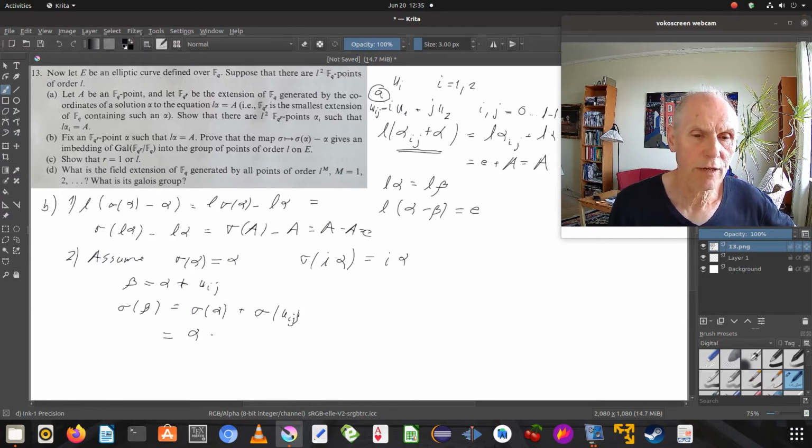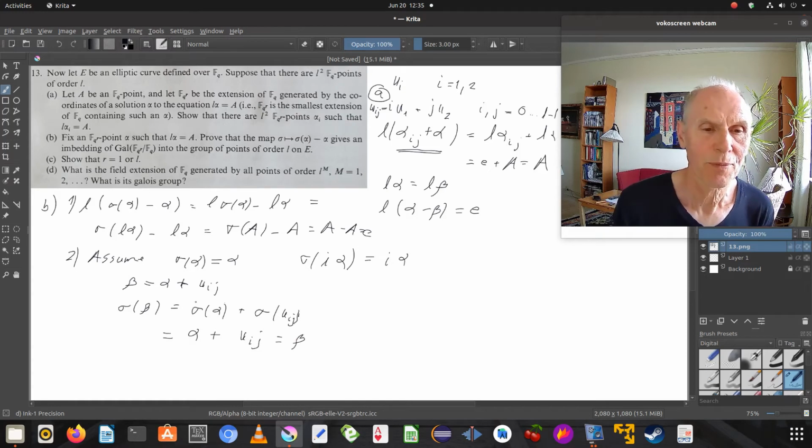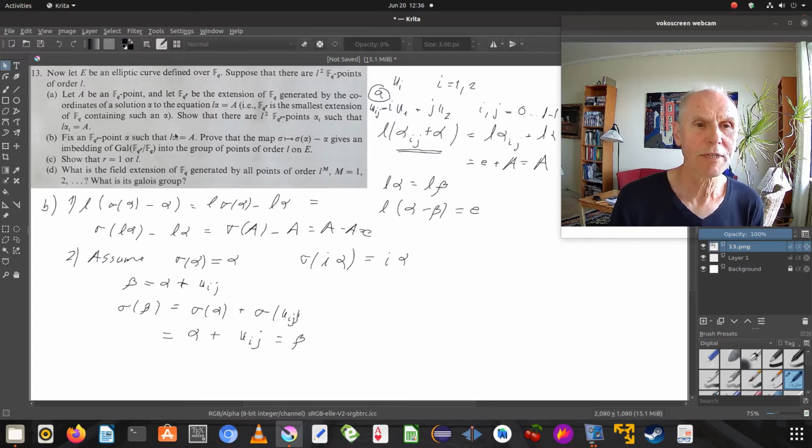Sigma alpha was alpha, and this is the unit. It's constant on FQ, so this is equal to u_ij, and that was exactly beta. So it's constant on all the elements alpha, and that means it is the identity.